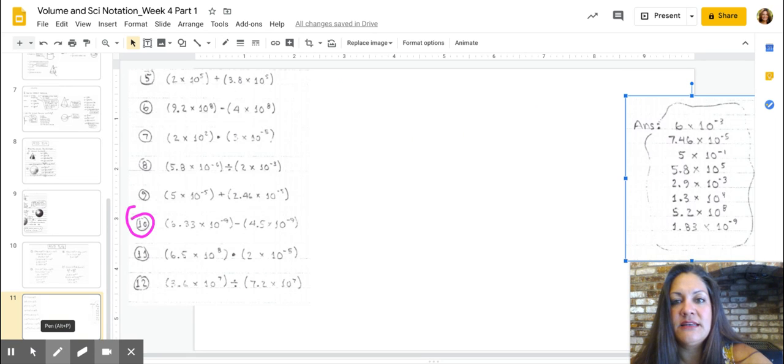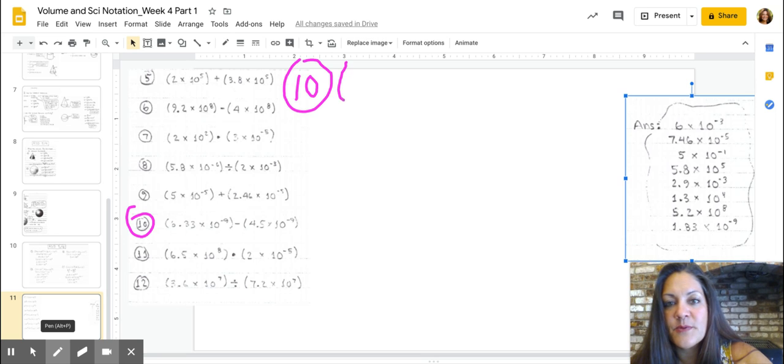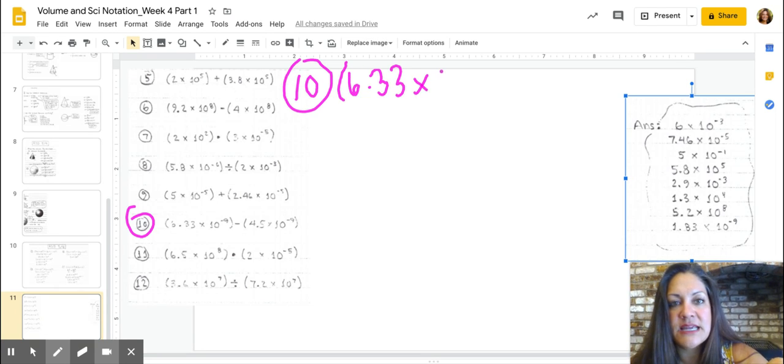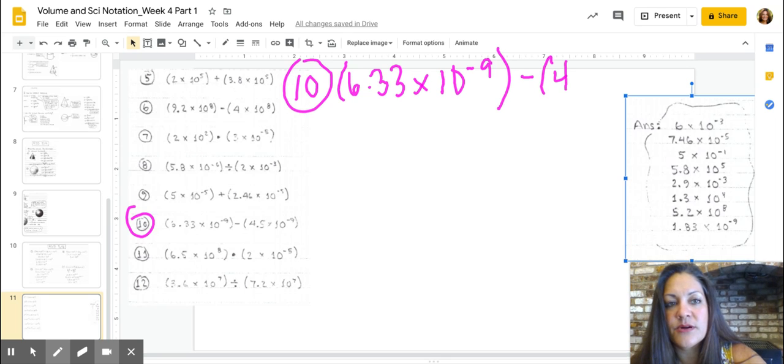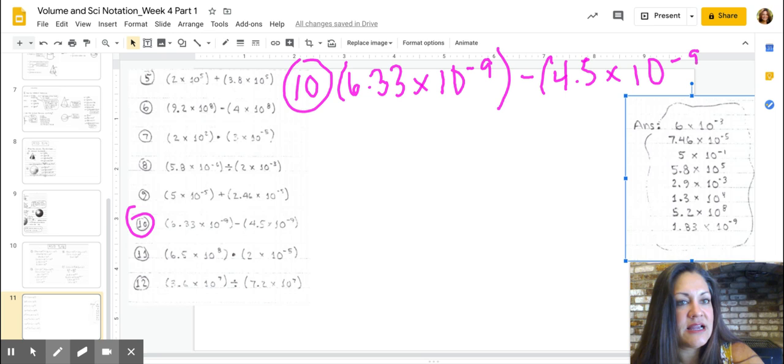Number 10. Okay, 6.33 times 10 to the negative 9 minus 4.5 times 10 to the negative 9th.